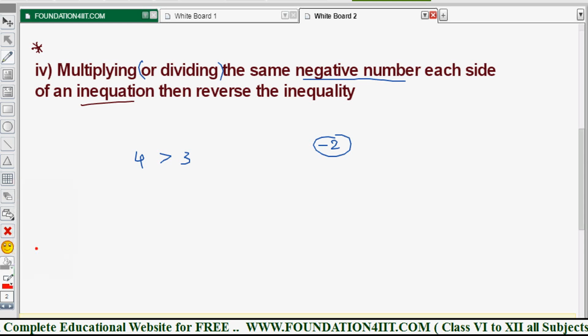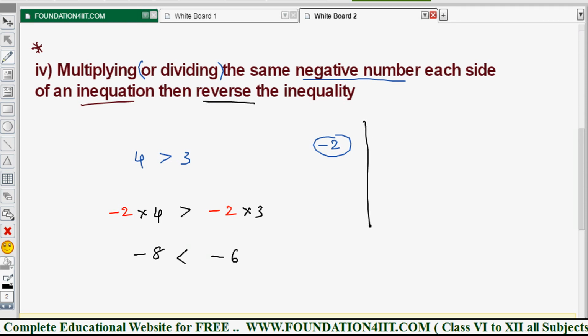Now see what happened: minus 2 times 4 and minus 2 times 3. Now just check it. Minus 2 into 4 is minus 8. Minus 2 into 3 is minus 6. But minus 8 is not greater than minus 6. Minus 8 is always less than minus 6. That's right, reverse the inequality.